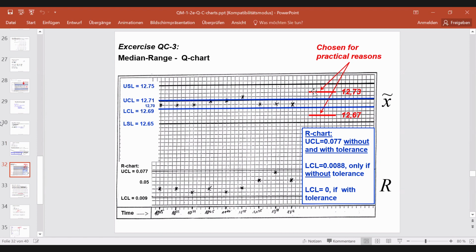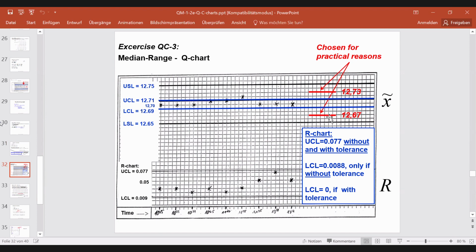Let's say 12.73 to 12.67. This maybe is a much better solution than to take these very small calculated control limits. So it is better to use a little bit wider area here.